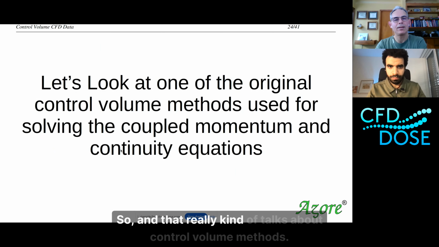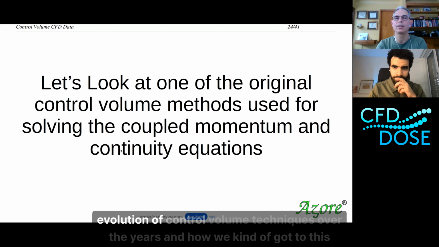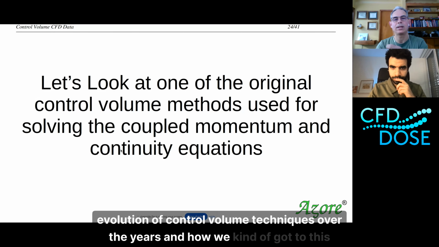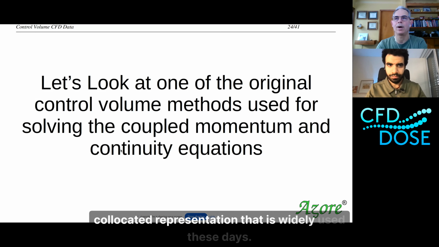And that really talks about control volume methods, and I thought maybe we'd take a quick diversion from that and talk about the evolution of control volume techniques over the years, and how we got to this collocated representation that is widely used these days.